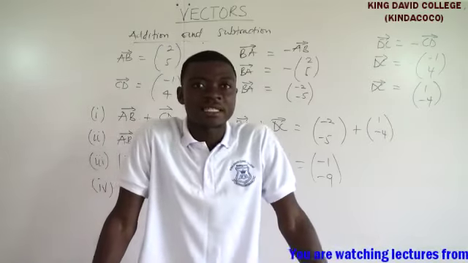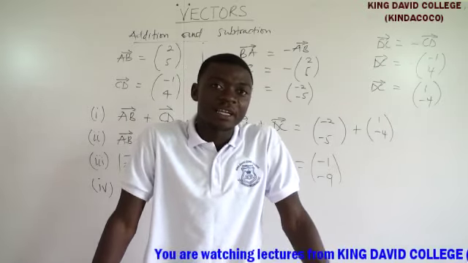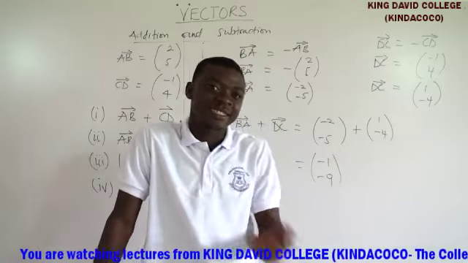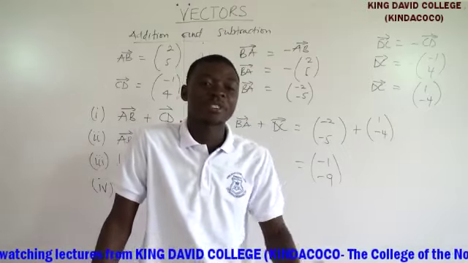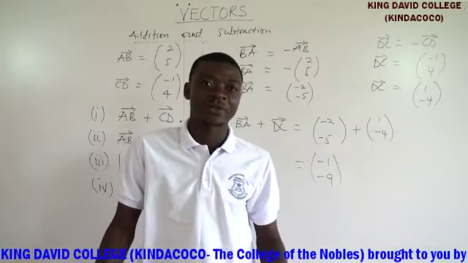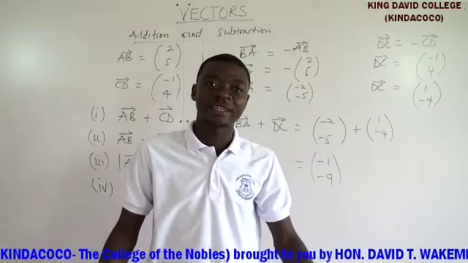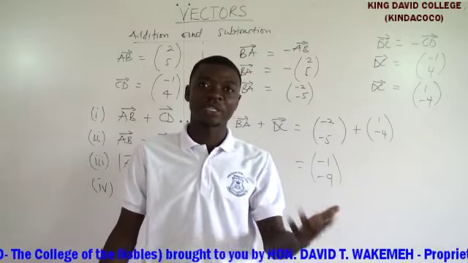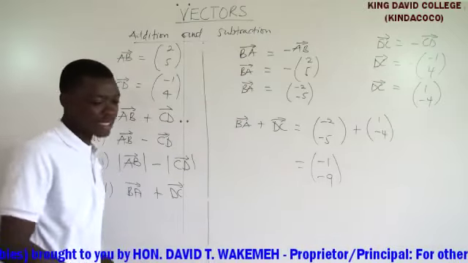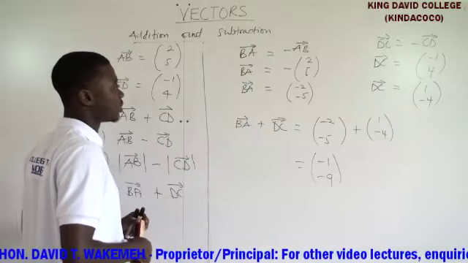Sometimes it's very possible to multiply a vector with what? A scalar. It's not sometimes, always it's possible to multiply a vector quantity with that of what? A scalar quantity. But the question is, how do they do the multiplication, or how do they do the product? Okay, very good. So now let's proceed quickly to that aspect. Then we are cool.